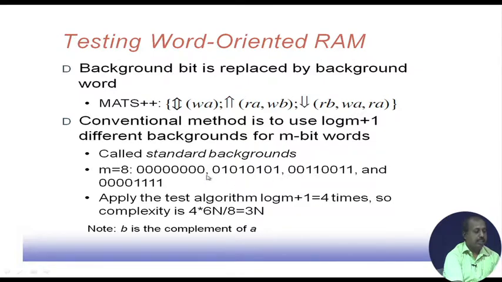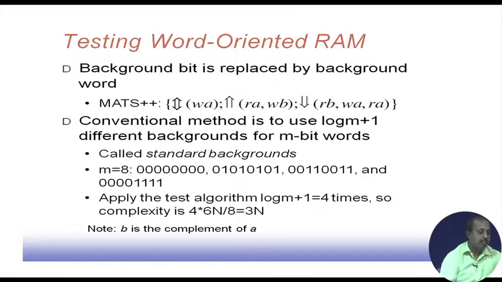You can read it as a run of 1 zero, a run of 2 zeros, a run of 4 zeros, a run of 8 zeros. So, 1 0, 2 0, 4 0, 8 0. These are called standard backgrounds.